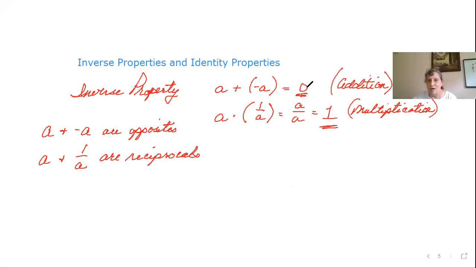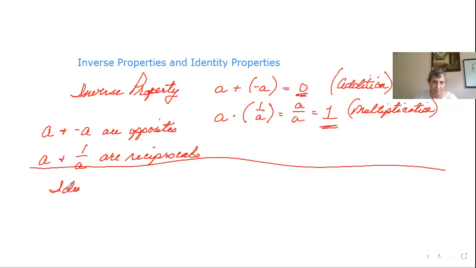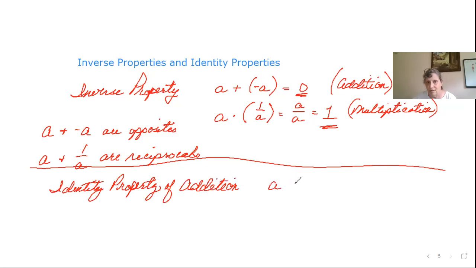The identity property says that if you add 0, the identity property of addition says that some number added to 0 does not change.